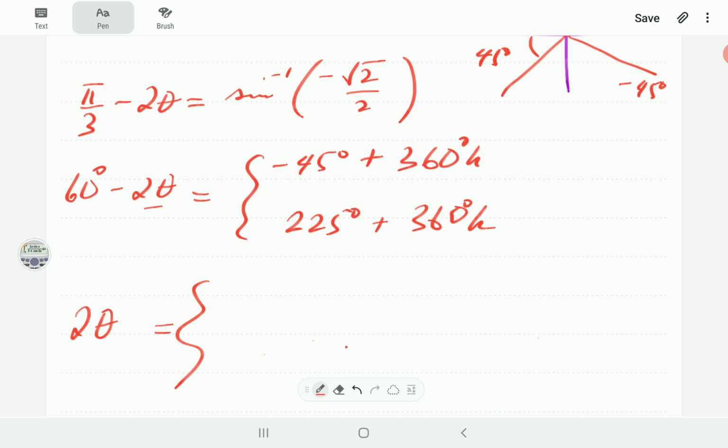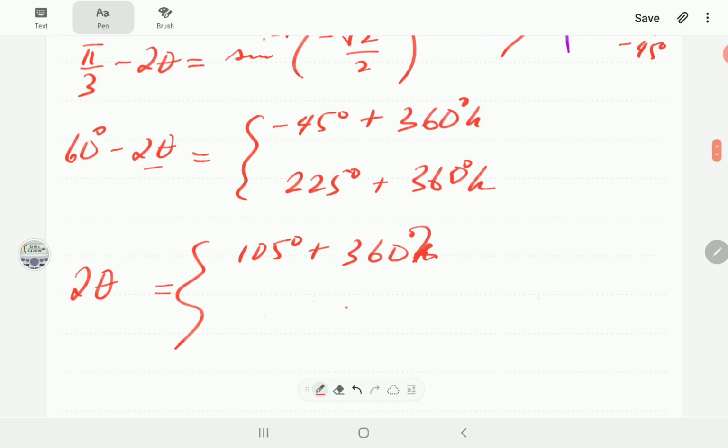60 plus 45, so it's going to be 105 degrees, plus 360k. Since this k is plus and minus, you can just keep it as positive.